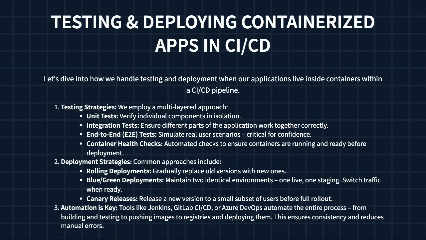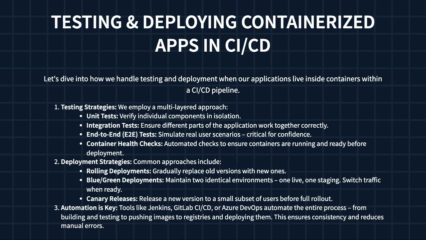Okay, let's talk about getting our containerized applications live. We need a robust strategy for both testing and deployment. First, we use a layered approach to testing, starting with unit tests to check individual pieces, moving up to integration tests, ensuring everything works together, and finally, end-to-end tests that mimic real user interactions. Also, don't forget container health checks.